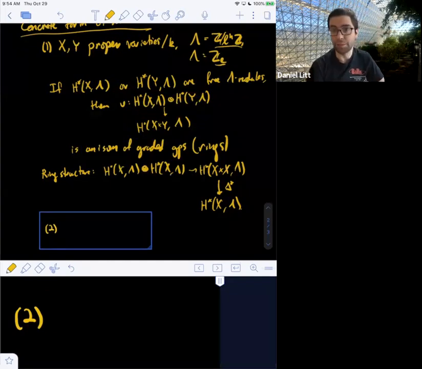We defined that a couple class periods ago. If we have a Z_L sheaf, we get a Q_L sheaf, and the definition of the cohomology is you take the cohomology of the Z_L sheaf, which was some inverse limit, and you tensor with Q_L.